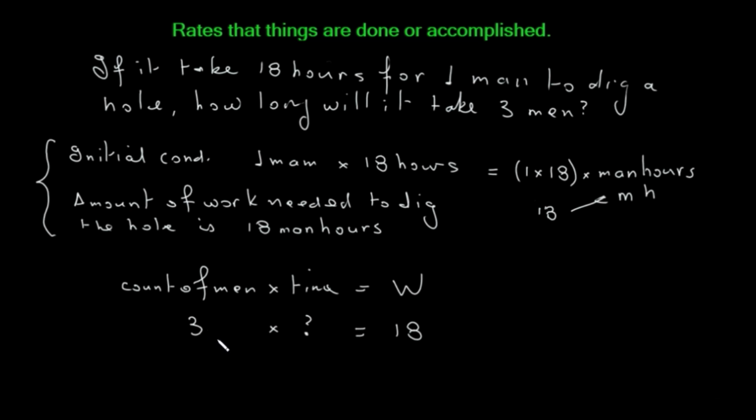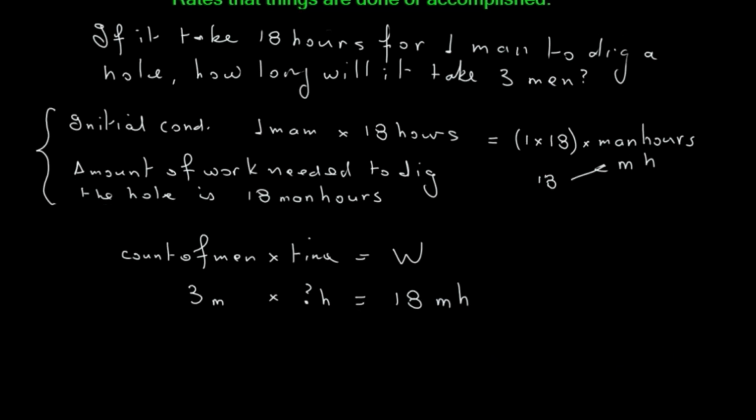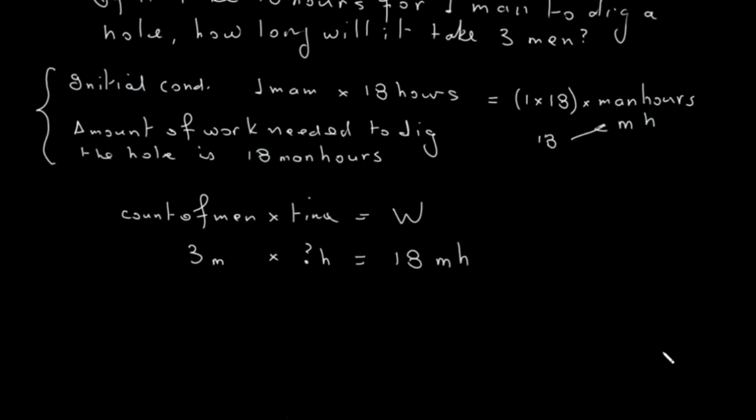Now this one here, I'm going to use units of measurement. I've seen books do this without using the units of measurement. It is extremely important because it helps understand what is happening. Now we need to find out what that is. How many hours? Shortcut method, you should know by now.